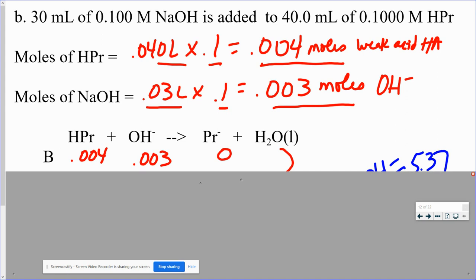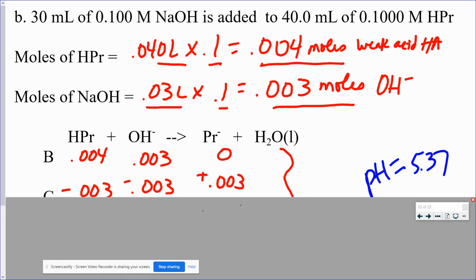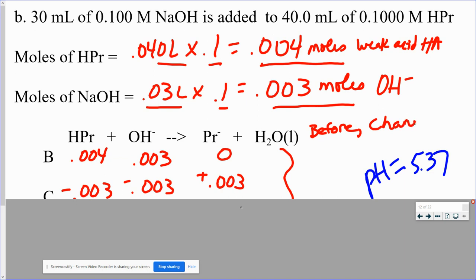So what is going to happen in our reaction, if we want to write it out, we can do this as what's called a BCA problem. BCA is before, change, and after. And this is in moles.